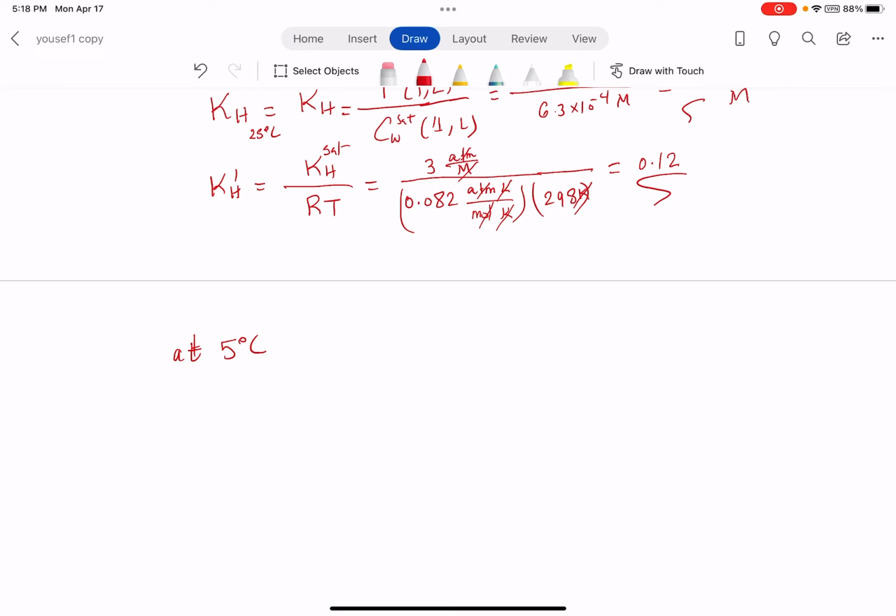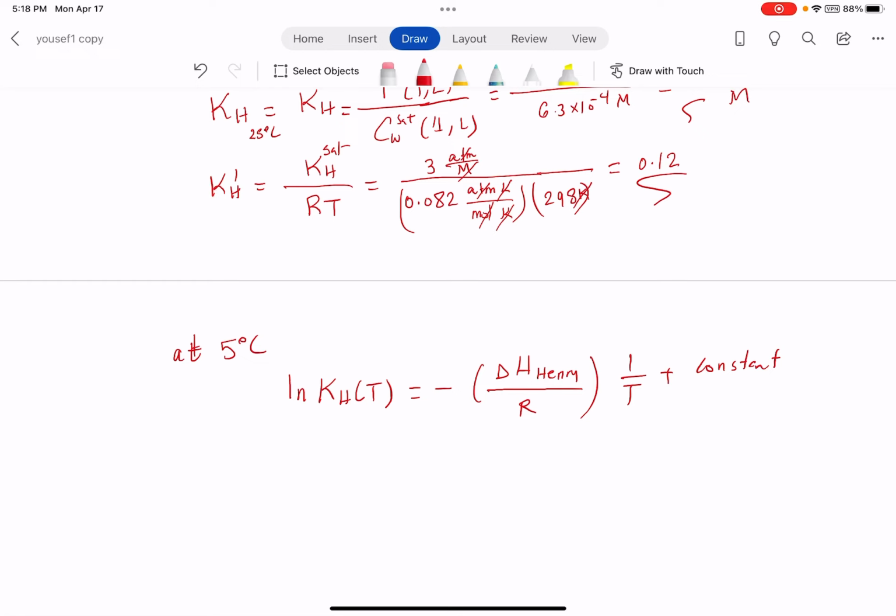Okay, so ln Kh equals minus delta H Henry over R, times 1 over T, plus the intercept. If we assume that Kh is equal to Kh sat, then delta H Henry may be approximated by the difference between delta H vap and delta H solubility.